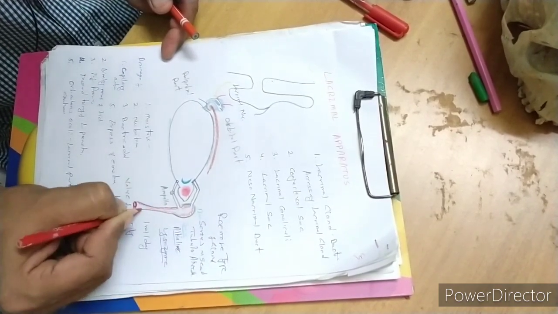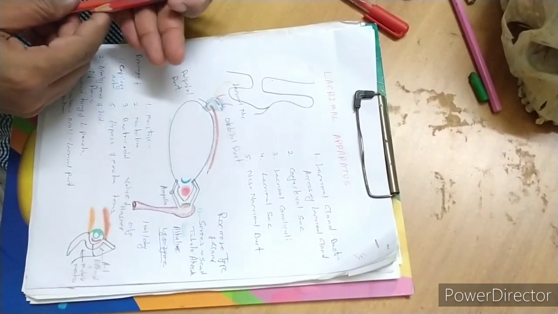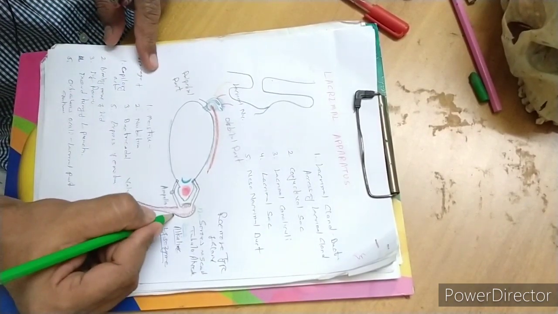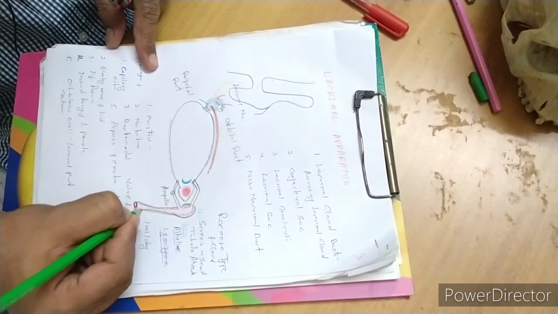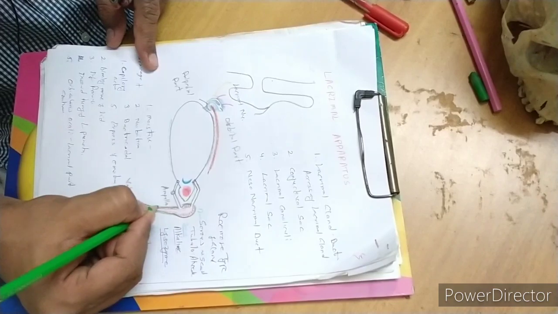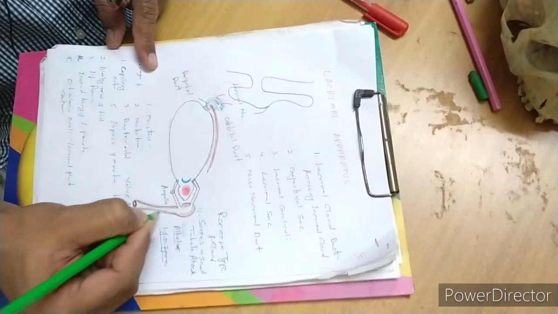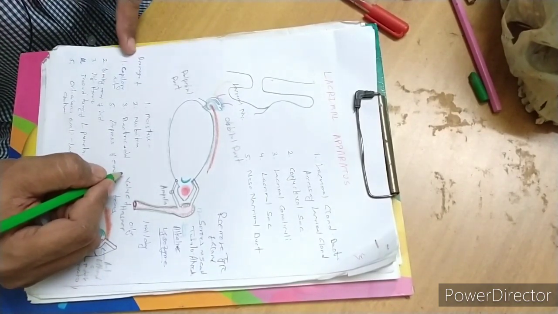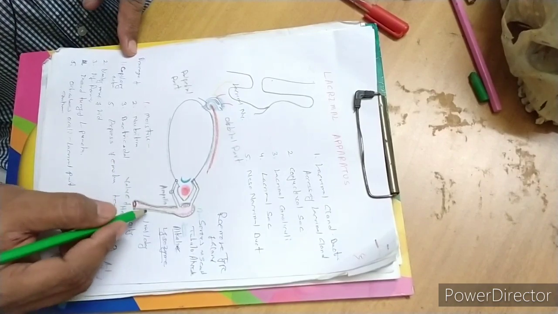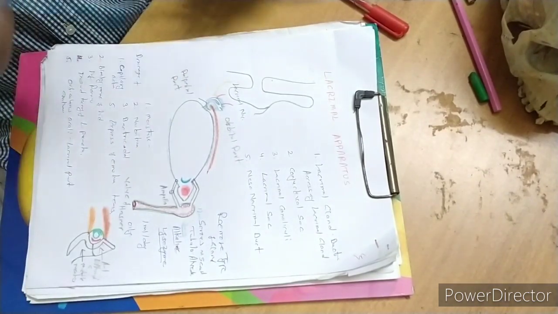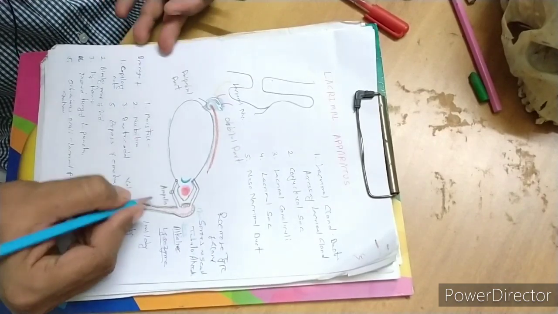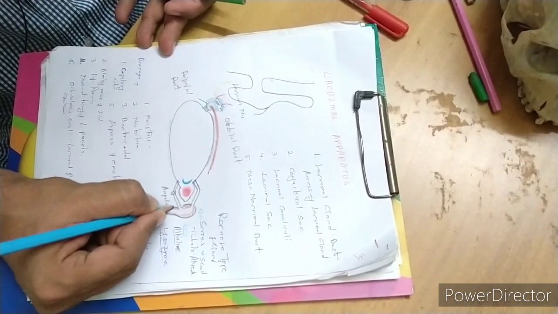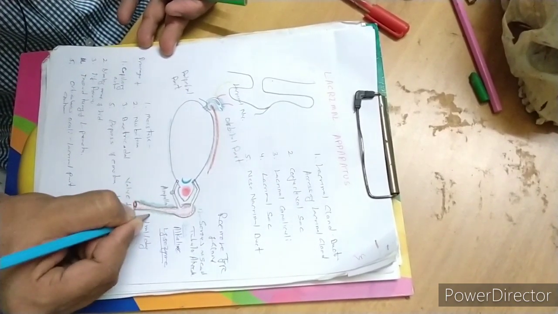I am drawing only the single layer here, and outside this layer there is elastic fiber, a fibroelastic coat, and this fibroelastic coat is surrounded by a venous plexus. Outside this elastic coat, there is a venous plexus.